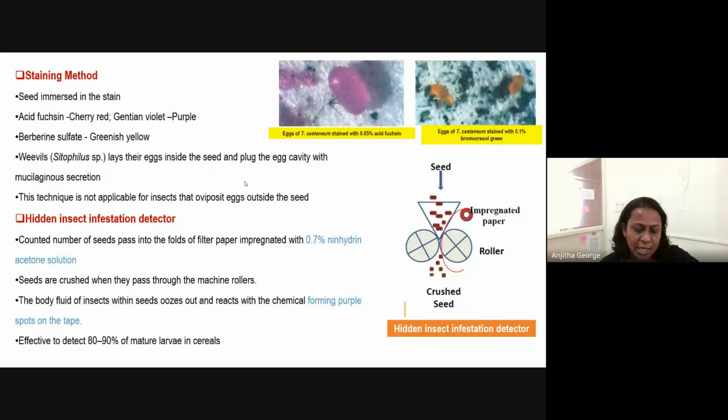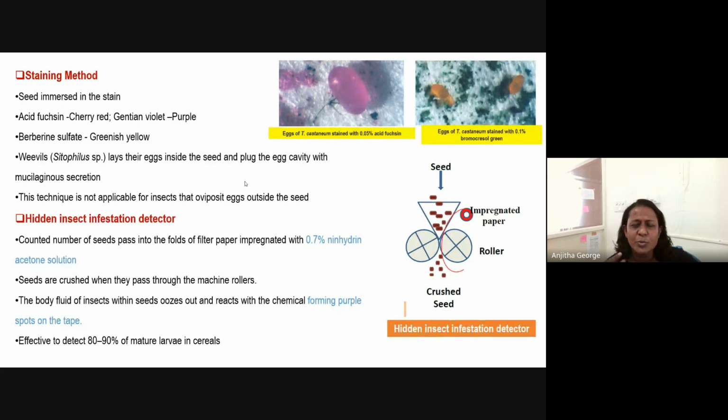So the staining method, actually it's a bit difficult, but where it is advantageous is especially in the case of a rice weevil, Rhyzopertha and all, the paddy seed color will be white, and the egg color is also white, and the eggs will be laid on the surface with the mouth part. The female will make a small cavity and she will deposit all the eggs, and it will be plugged with the frass.